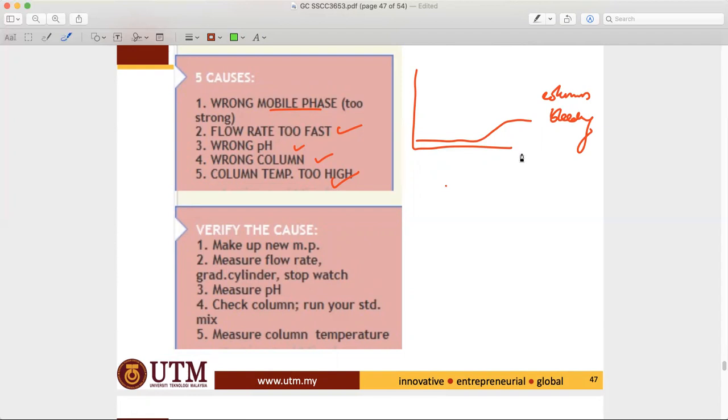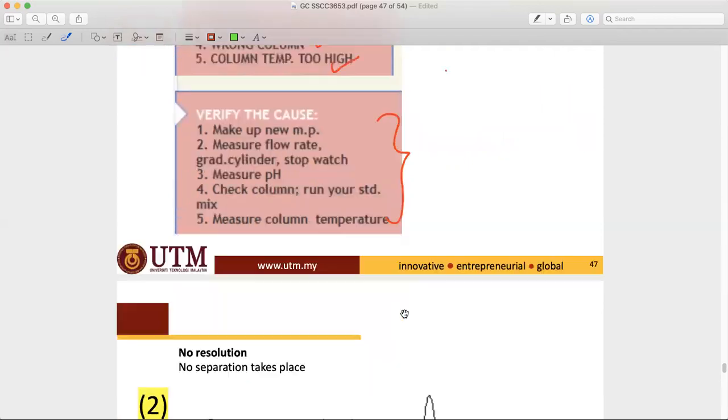It means that the temperature is too high, which makes your stationary phase come out of your column. So you need to evaluate all of this to make sure that the problems have been rectified.